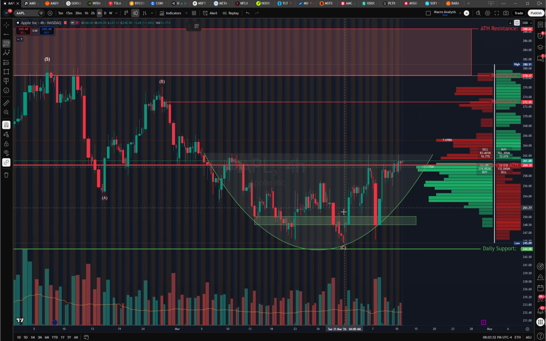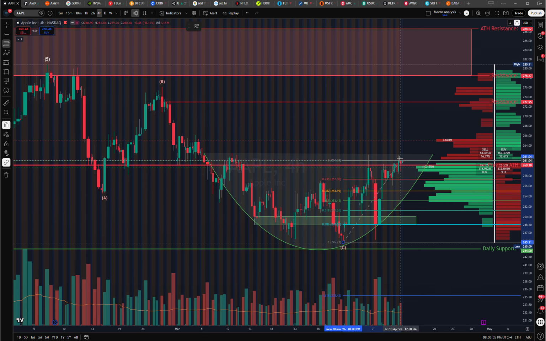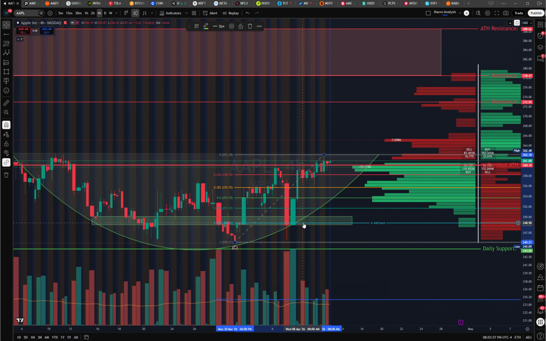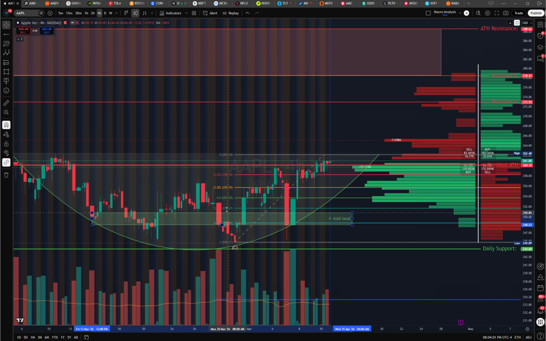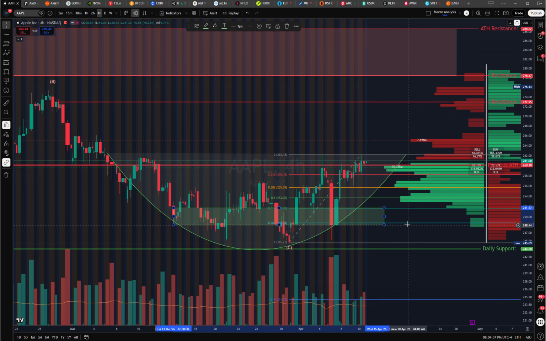Or you take from the bottom here and you do your fibs. Somewhere between this level here, the 0.618 to 0.786 level, you hold, and you do that cup and handle, and you just move up to the upside.